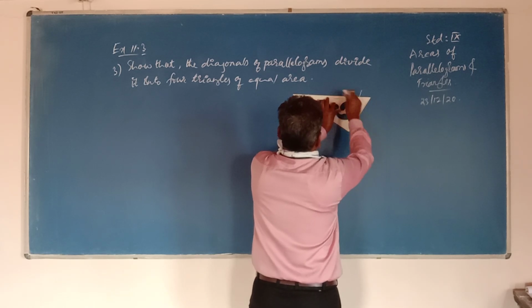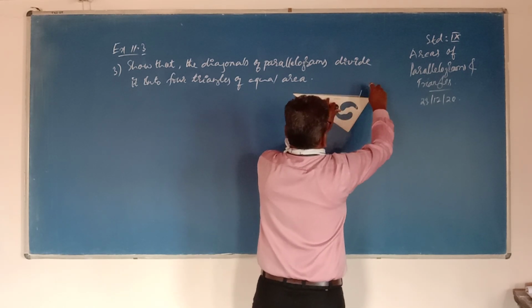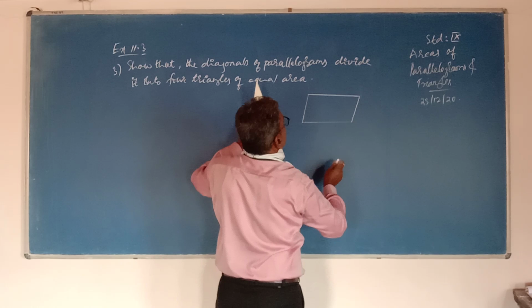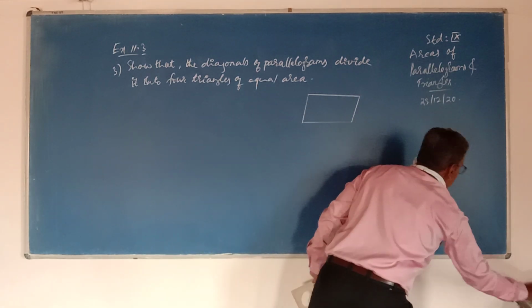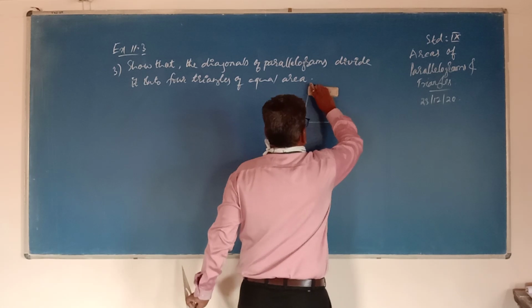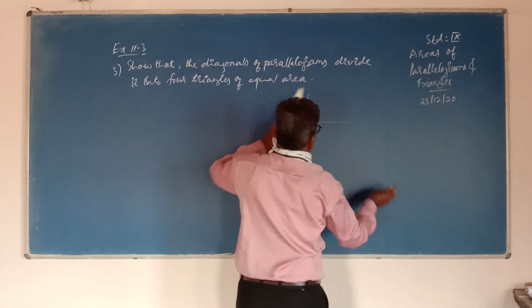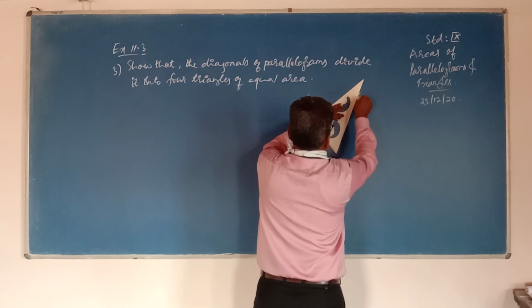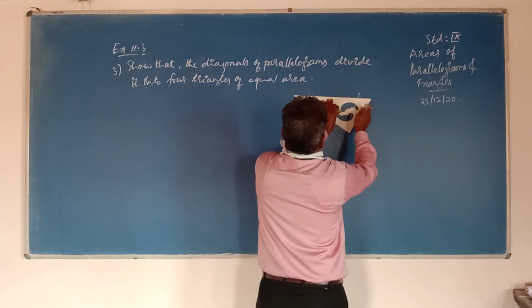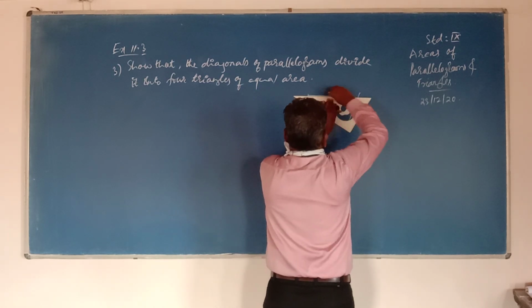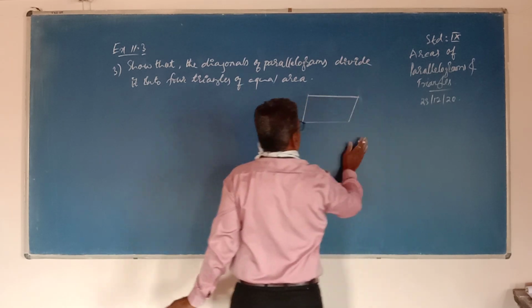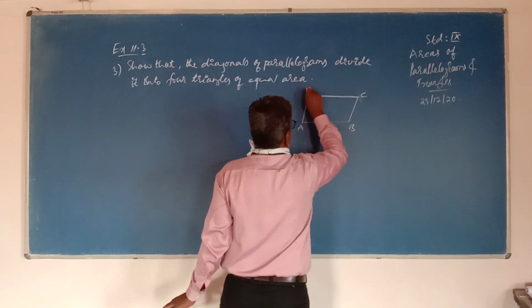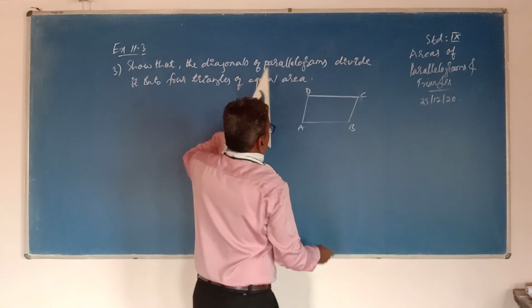Try to remind what are the important properties of the parallelogram and theorems which you have proved. ABCD is a parallelogram.